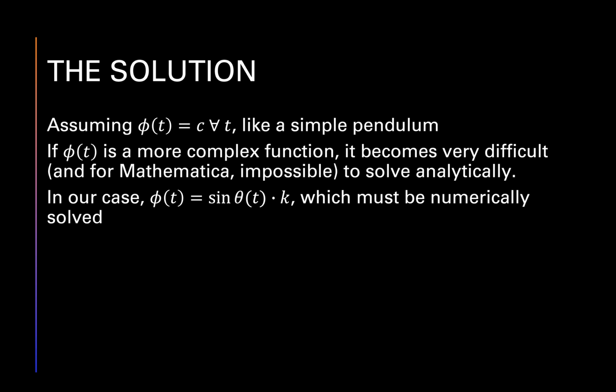In our case, we will choose phi of t equal to sine of theta times some constant, which is going to be the maximum displacement from the main angle. We chose sine theta because at its apogee, or pi over 2, this is going to be at its maximum. So this will allow the mass to be displaced over the center of the wheel.